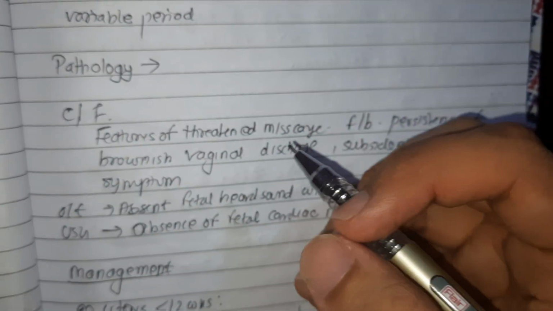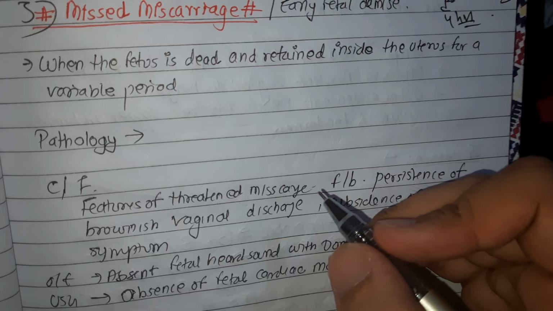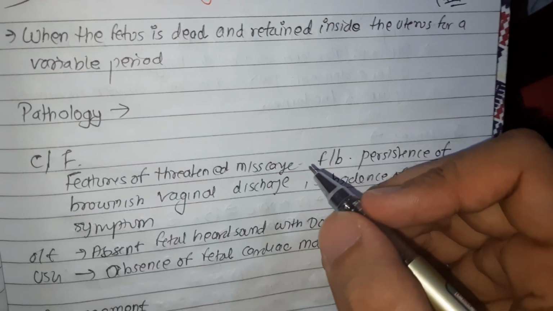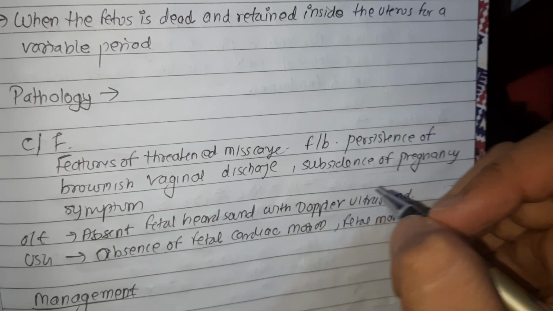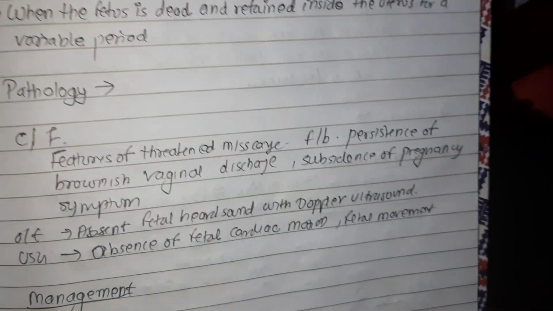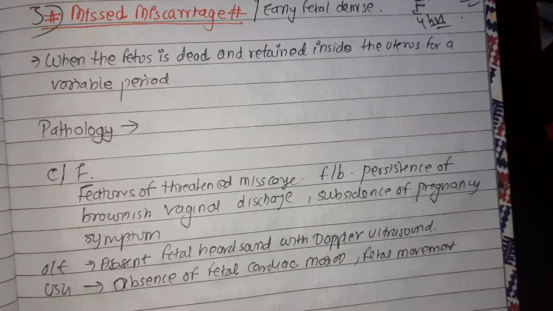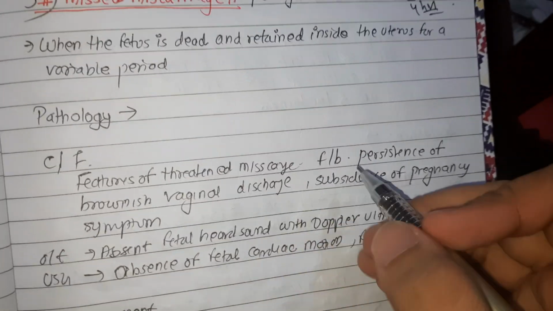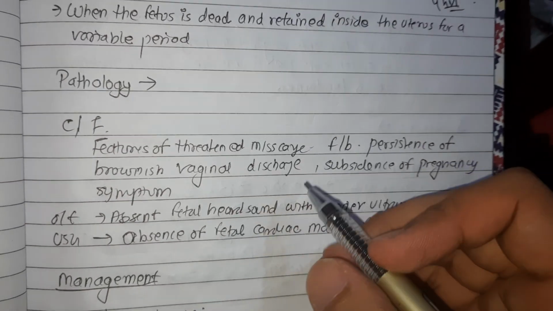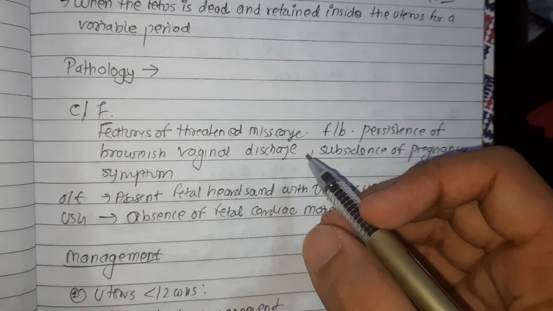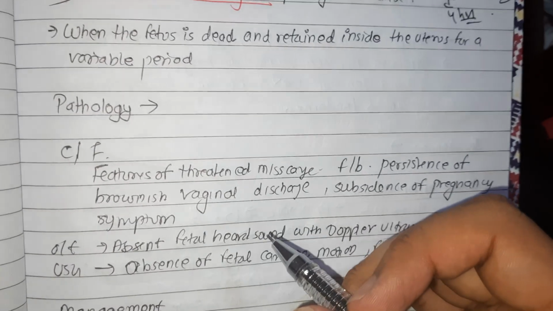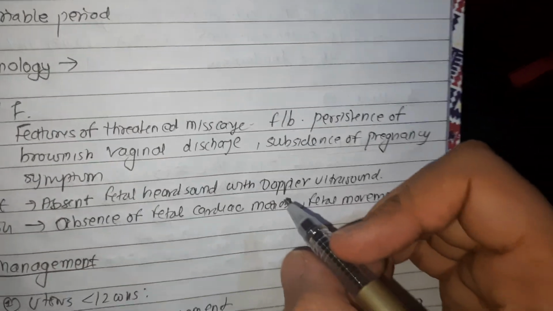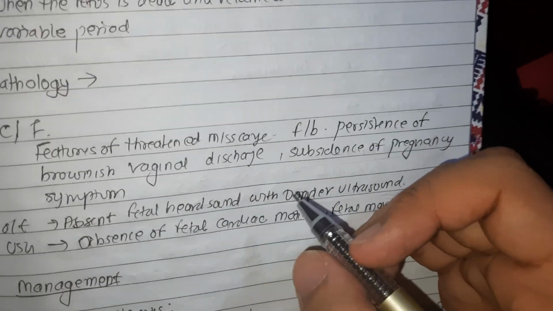And the clinical features are the features of threatened miscarriage, followed by persistence of brownish vaginal discharge and sustenance of pregnancy symptoms. What were the features of threatened miscarriage? That is the bleeding per vaginum. There will be bleeding per vaginum followed by persistence of brownish vaginal discharge and the sustenance of pregnancy symptoms. And on examination, we can see that there is absence of fetal heart sounds with Doppler ultrasound.